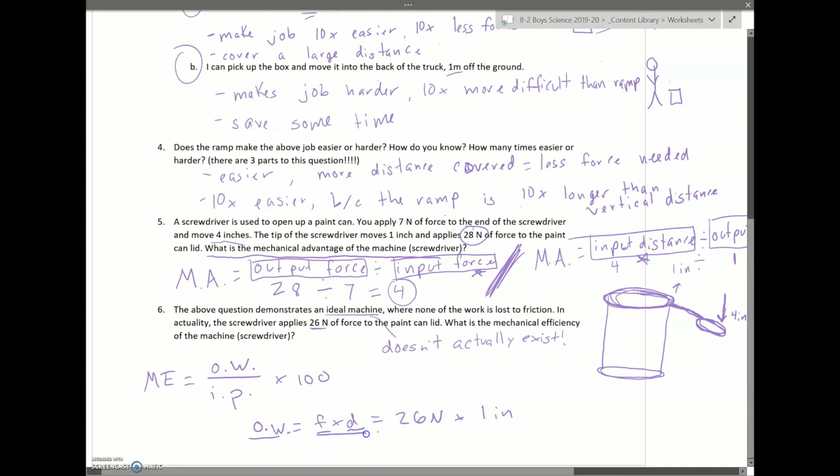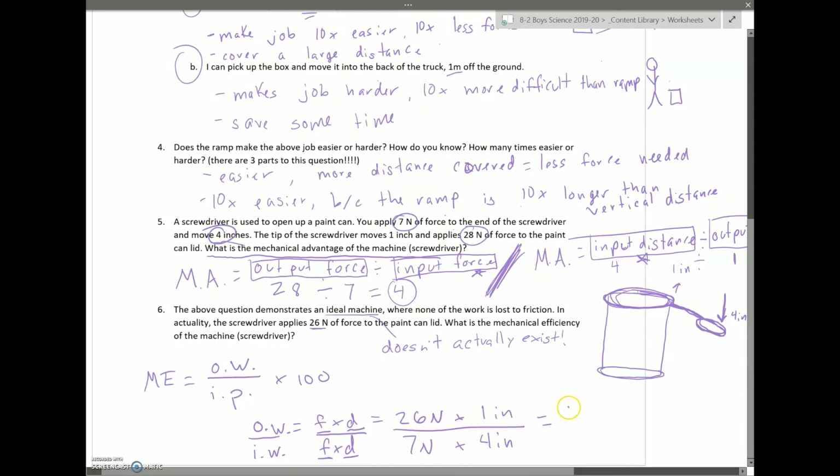Output work, we're going to divide that by input work, which again is force times distance. The force that we apply from question number 5 is 7 newtons times the distance that we move the handle from the last problem, 4 inches.